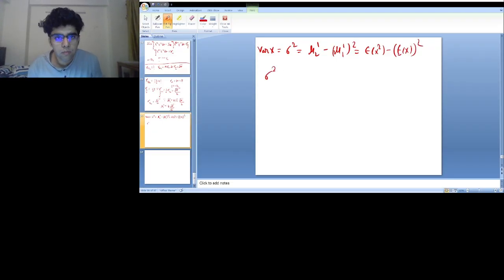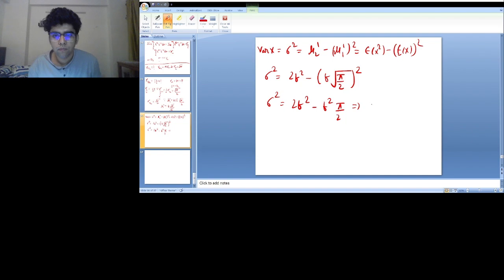So this gives me sigma square as my second moment with respect to the origin, 2b square, minus the square of b root, I just took 2 inside the root, so this gives me sigma square as 2b square minus b square pi by 2.